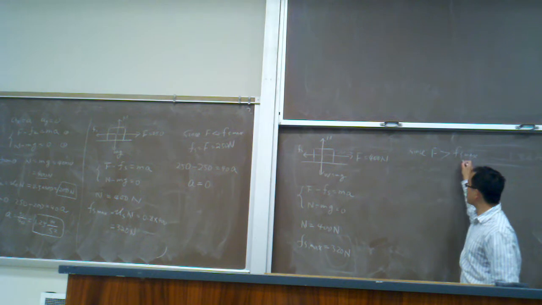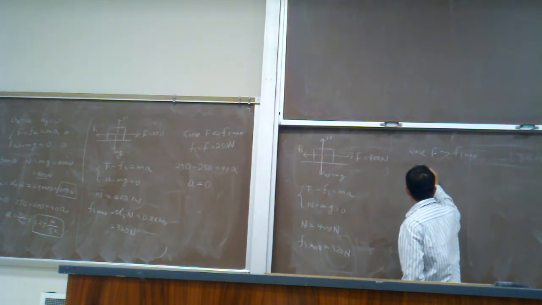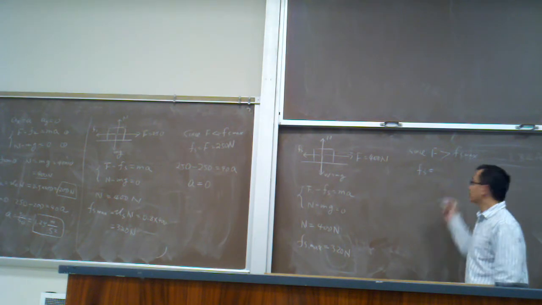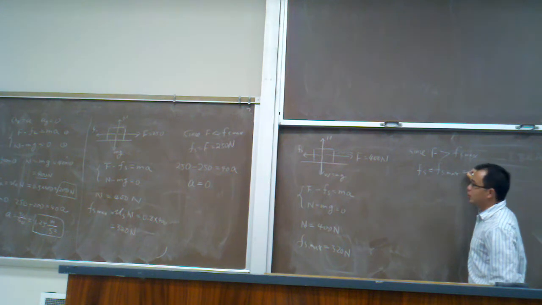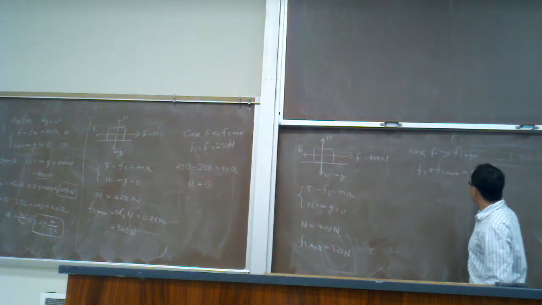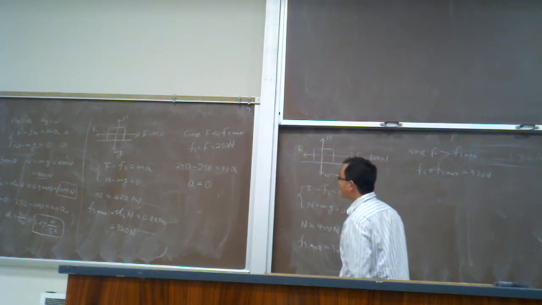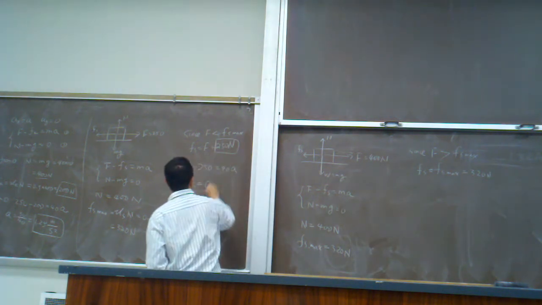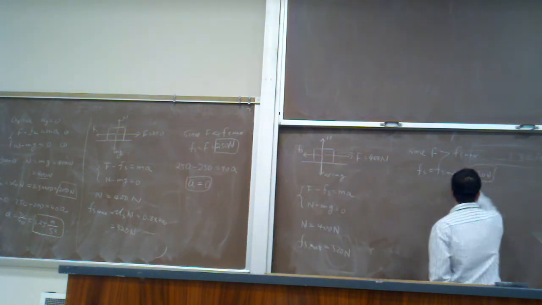This is 400, this is 320. In this case, the static frictional force will be the same as the maximum, which is 320. So in the previous case, the static frictional force is 250, a equals 0. And here, the maximum static frictional force is 320.